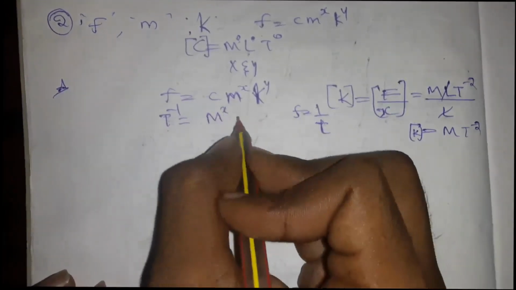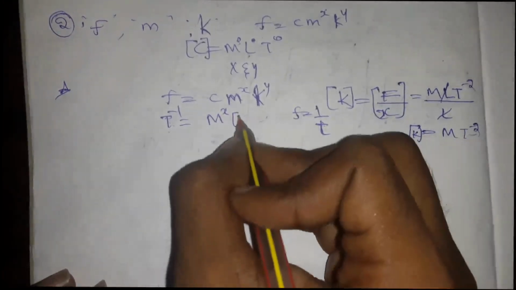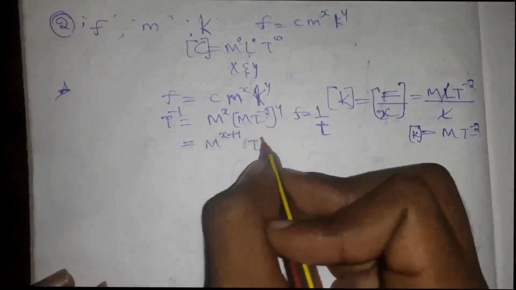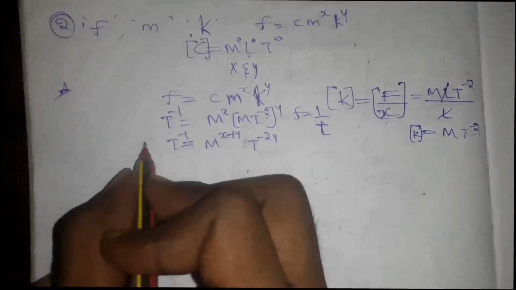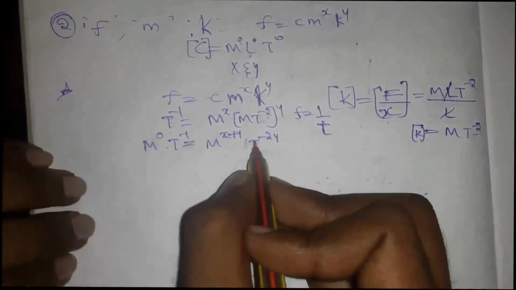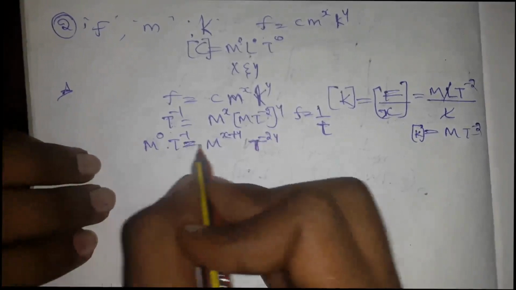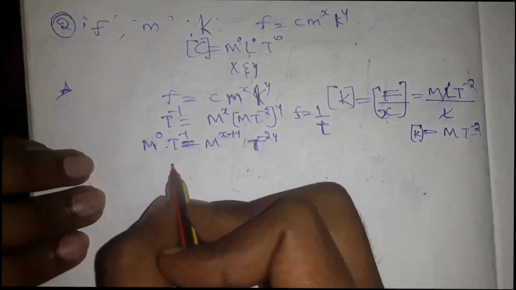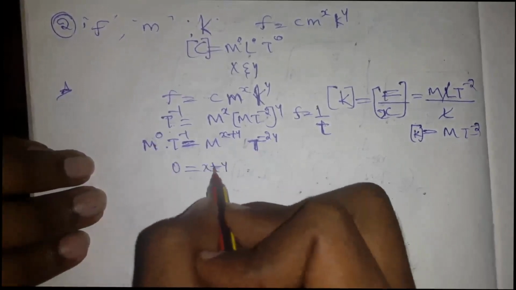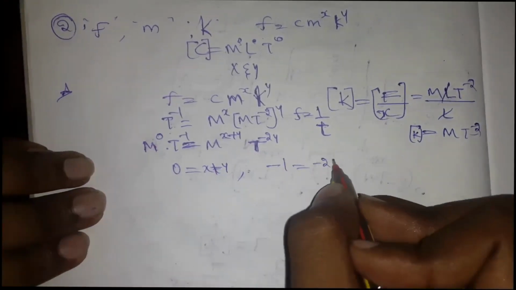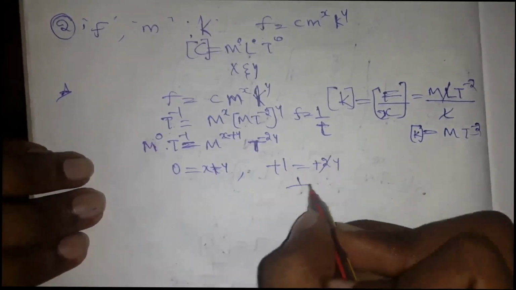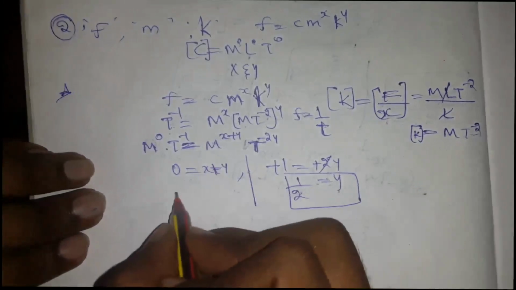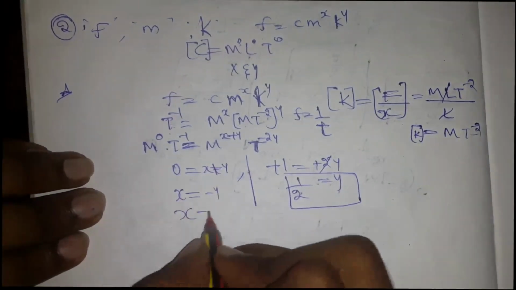So we get M power x plus y, T power minus 2y, equals T power minus 1, M power 0. As there is no L term, there is no need for taking L power 0. The powers should be compared on both sides of the same bases, so we get minus 1 is minus 2y, y is equal to half, and x is equal to minus y, that is x is equal to minus half.